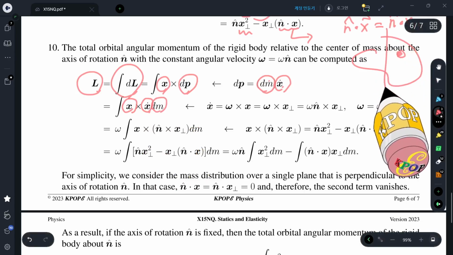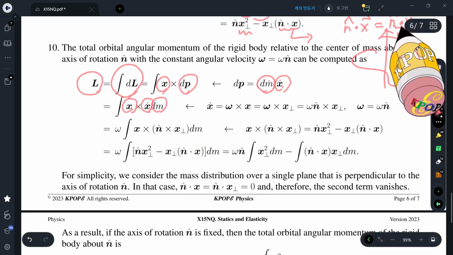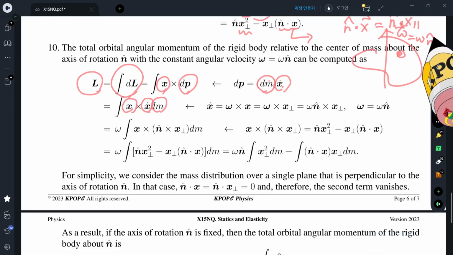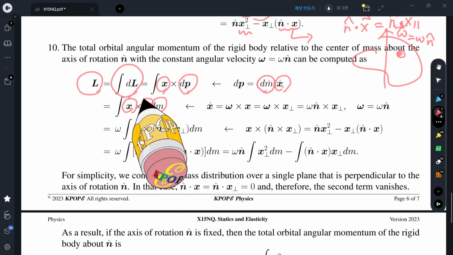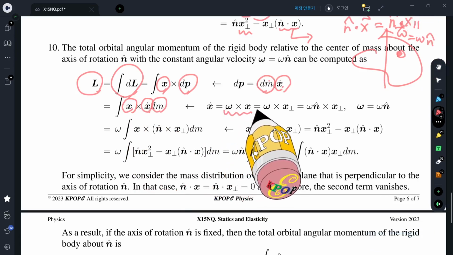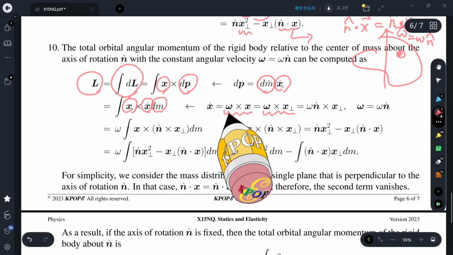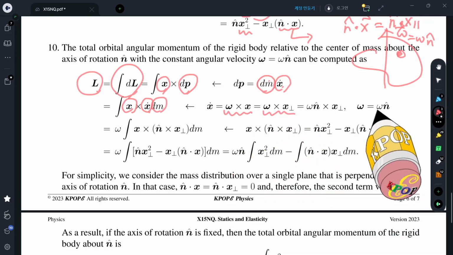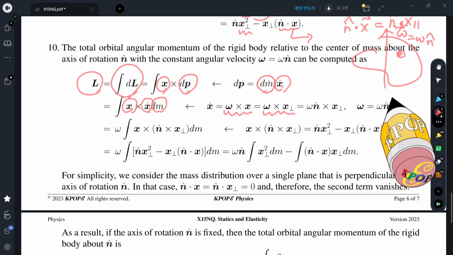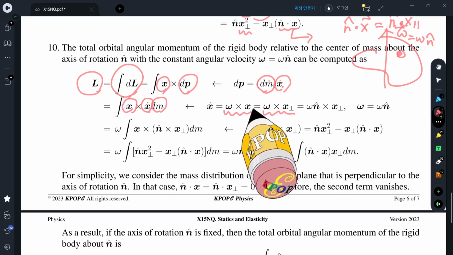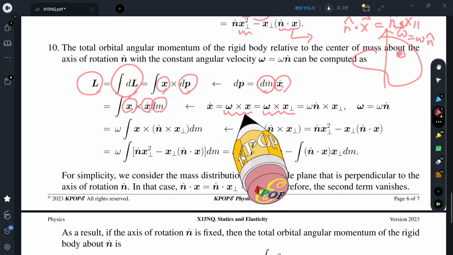If the rigid body is rotating about omega, that is parallel to n hat with a fixed axis, then velocity is omega cross x. And omega cross x can always be expressed in terms of omega x perp, because n hat is proportional to omega. The parallel component vanishes completely.